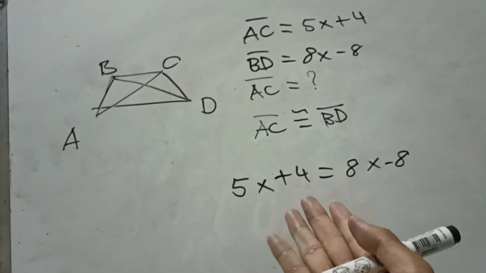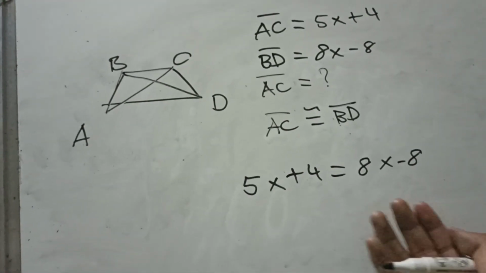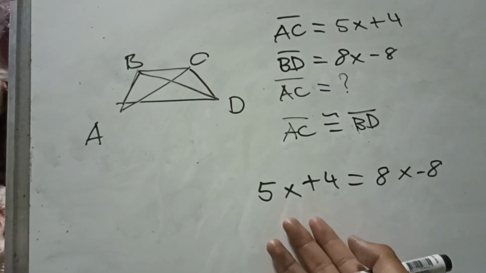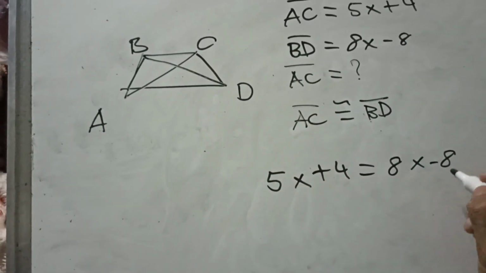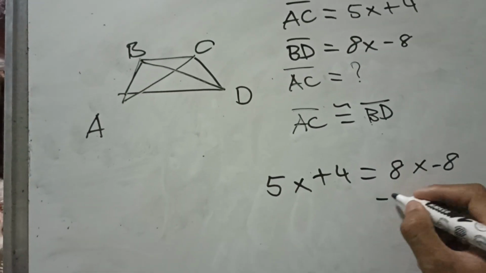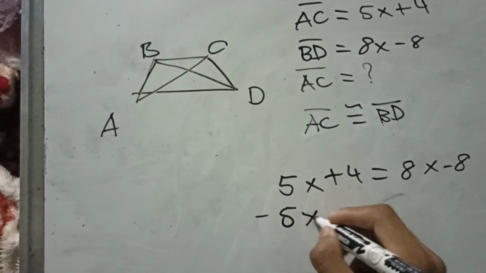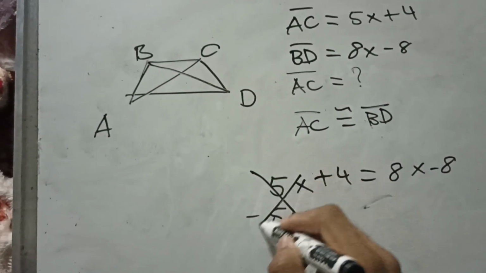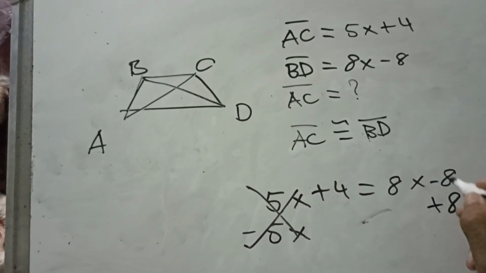Now we have a simple equation. All we have to do is solve for the value of x. Now let us solve. Negative 5x plus 5x will cancel. Then plus 8, this will cancel.